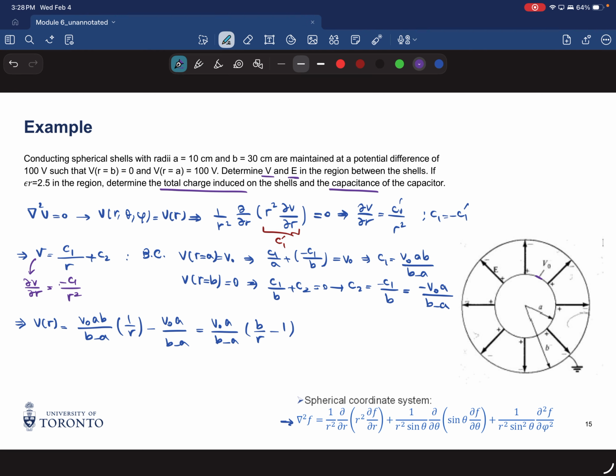If you didn't, it's okay. Let's call this one C1 and not change it. This would be C1, and then here it's a minus C1. It would be exactly the same thing. Here we would have minus C1 over A, minus C1 over B.